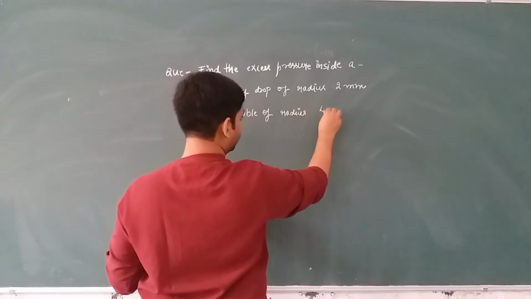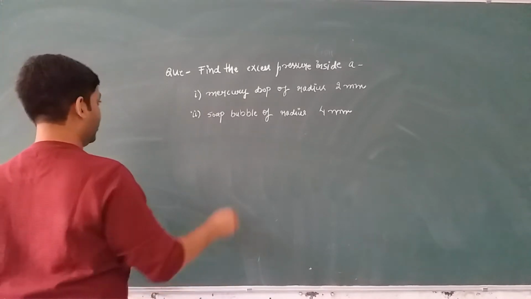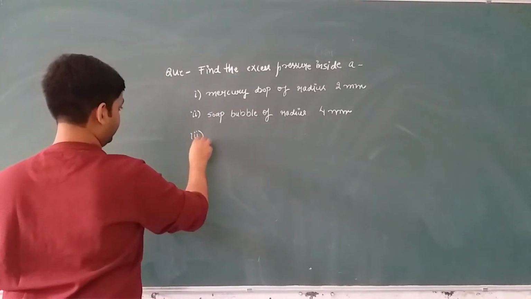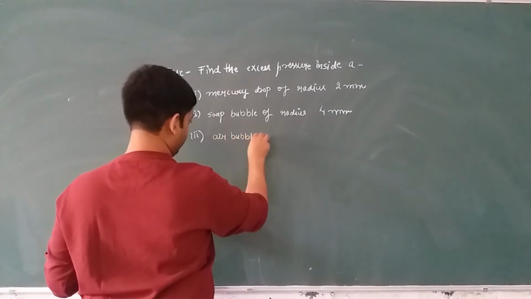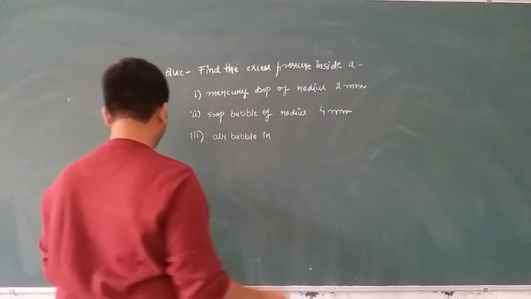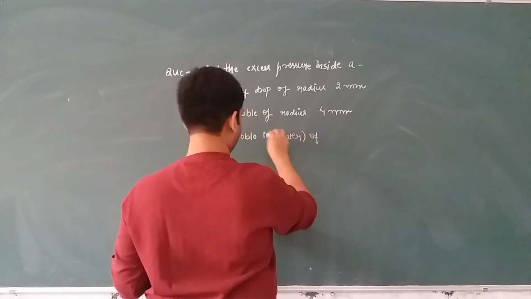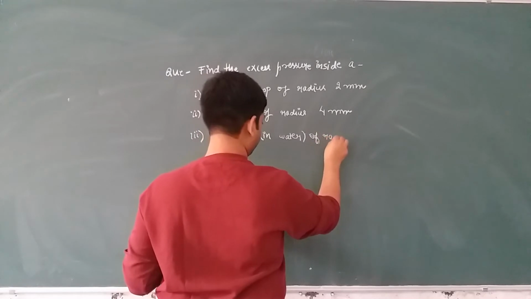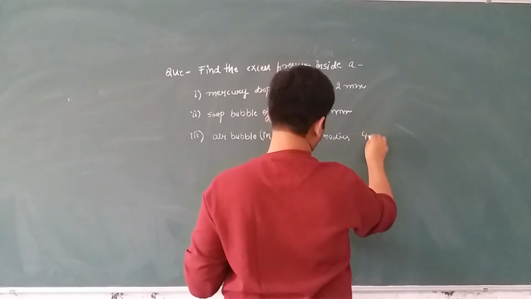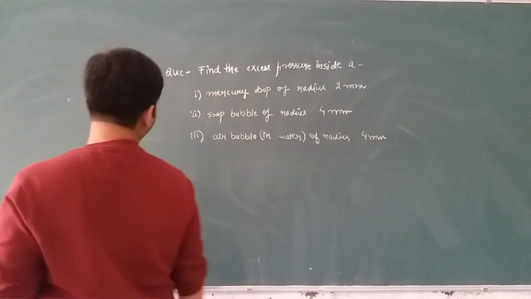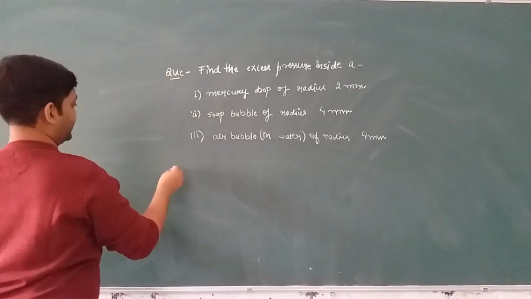Next is air bubble in water of radius 4 mm. So these are the three parts of the question, and they are asking us to calculate the excess pressure in each case.